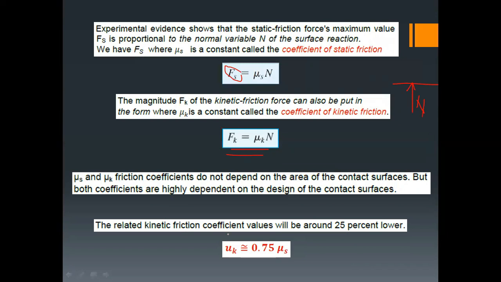The related kinetic friction coefficient values will be around 25% lower, so mu k equals 0.75 or 75% of our coefficient of static friction.